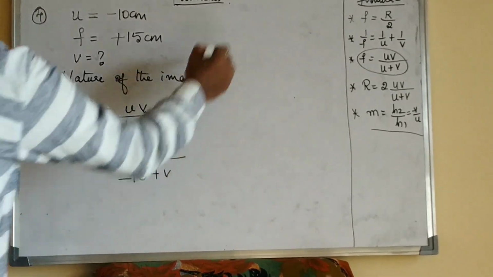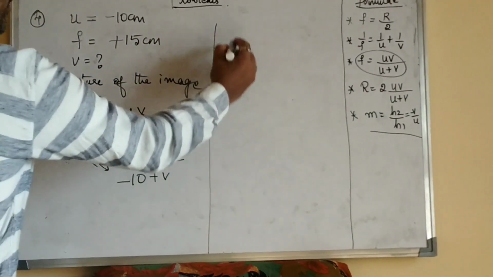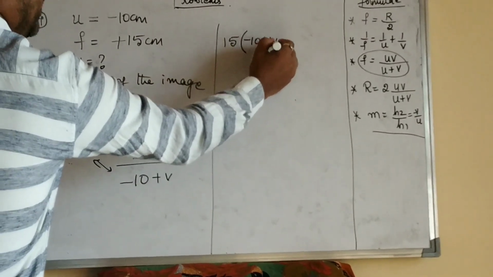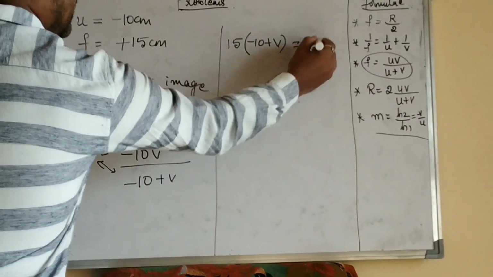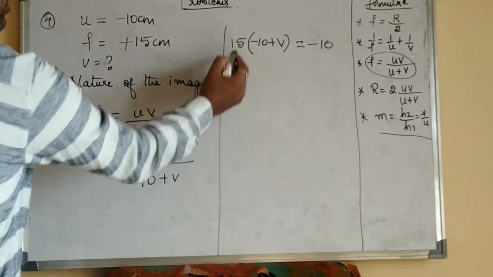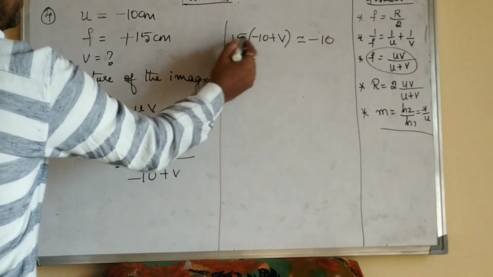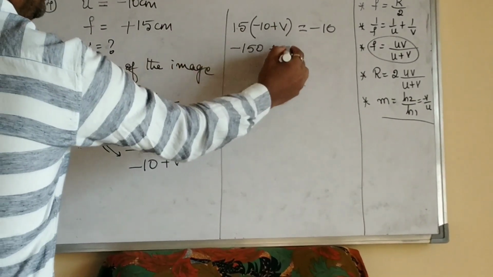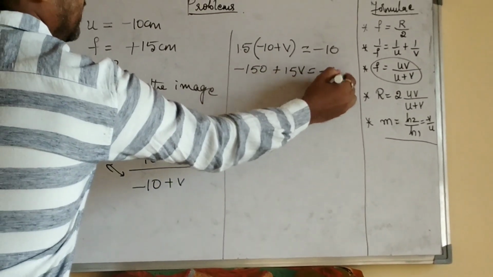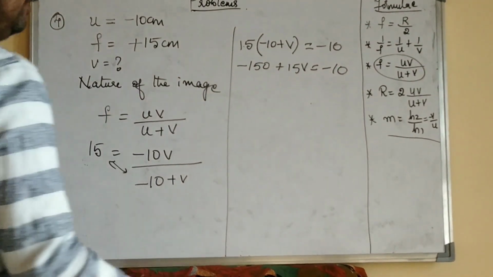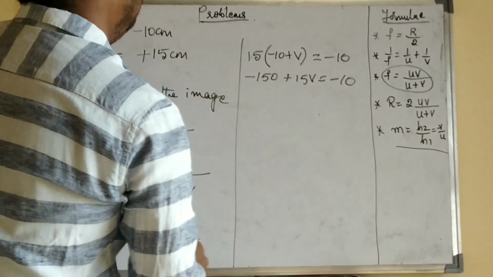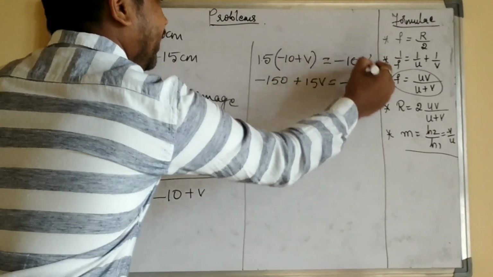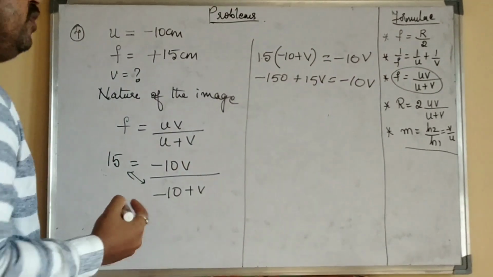Now cross multiply it. Upon cross multiplication, what do we get? 15 into minus 10 plus v is equal to minus 10v. 15 tens are 150, plus into minus, minus 150, plus into plus, plus 15v is equal to minus 10v. Now what you have to do?